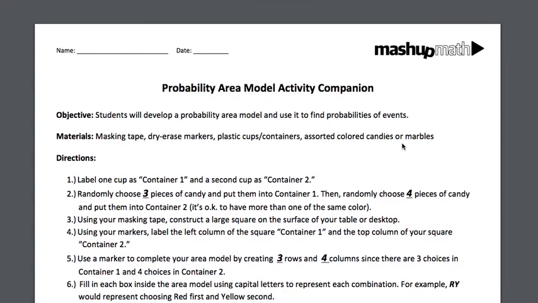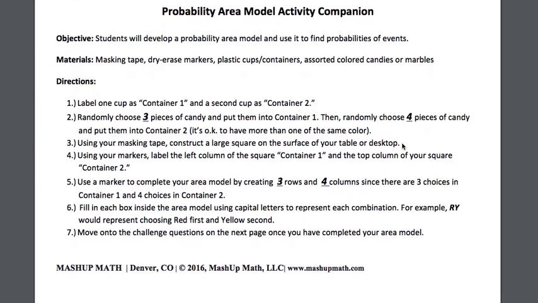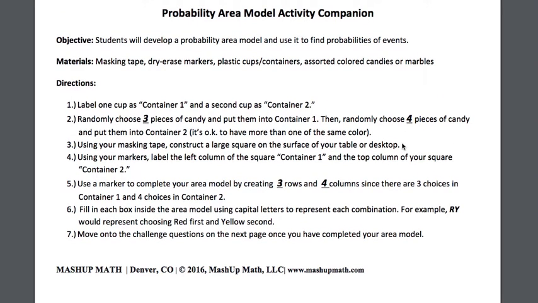So here we're going to use masking tape, dry erase markers, plastic cups, and Starburst candies. First, you're going to get into groups of 2. So you're going to use your table partner.